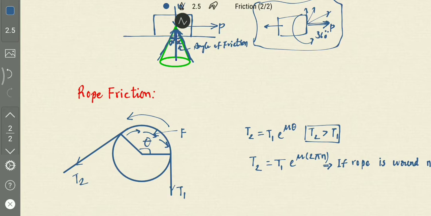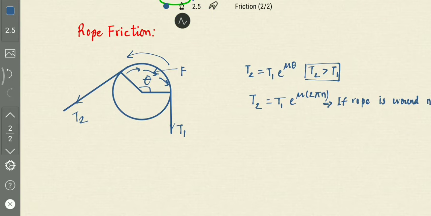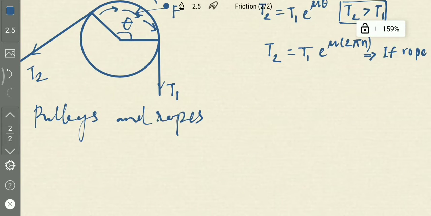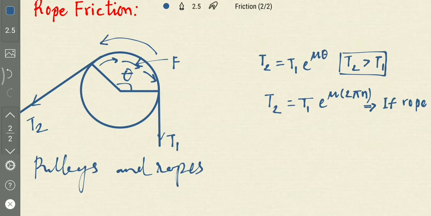And another important one is rope friction. In transferring the power, the pulleys and ropes or belts are used. While transferring it, the friction plays a very important role. Because of the friction only, the power is transmitted here.